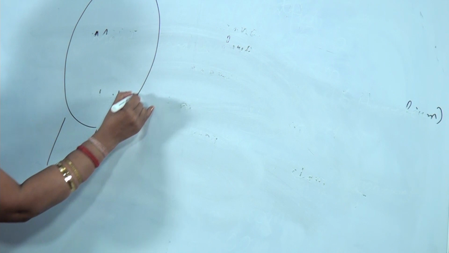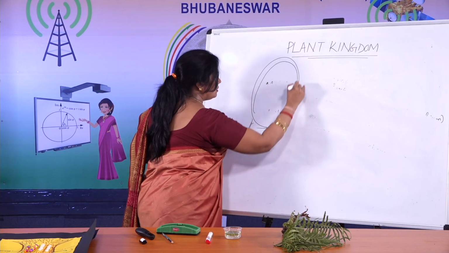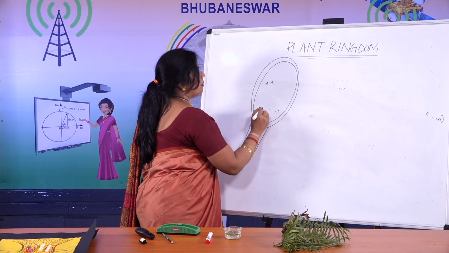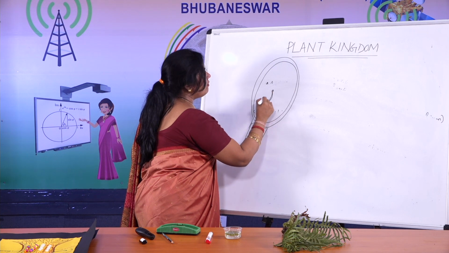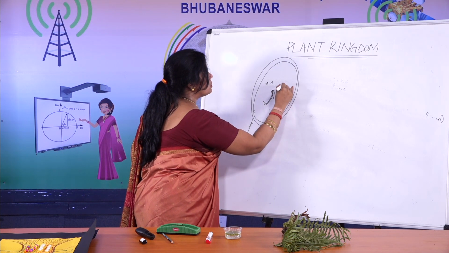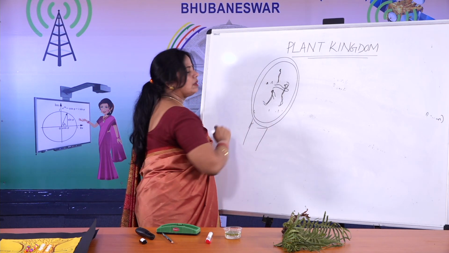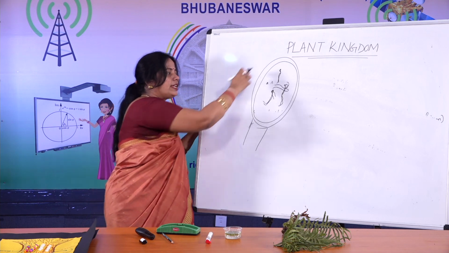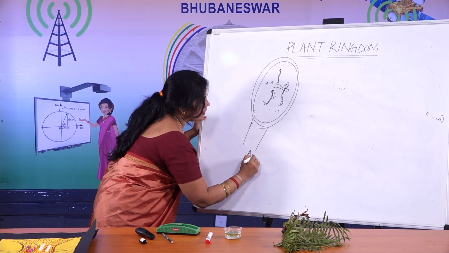Inside it there is an outermost layer, and here are present the biflagellated sperms. The sperms, or the antherozoids, are present inside the male sex organ. So this is called antheridium.